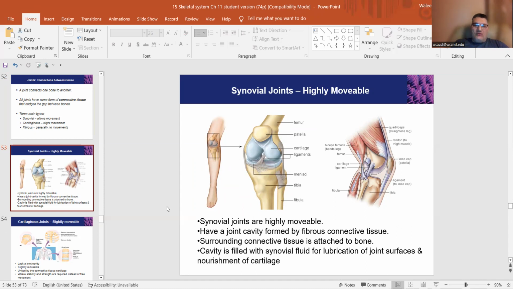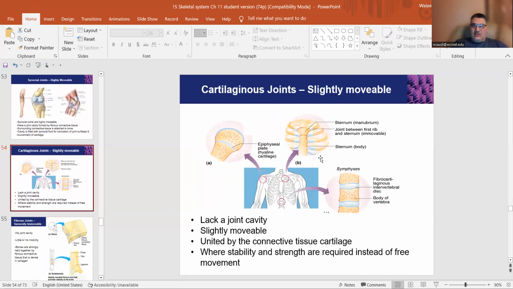We call that a synovial joint between the ends of the long bones. Look at this on the other hand. This bone end with cartilage, and this is another bone. So if there is cartilage in between the bones, we call that a cartilaginous joint, slight movement.